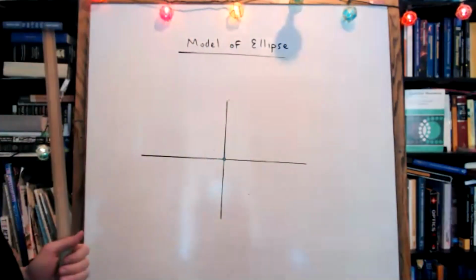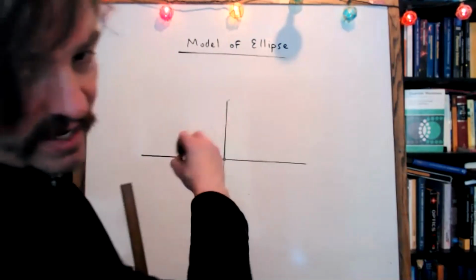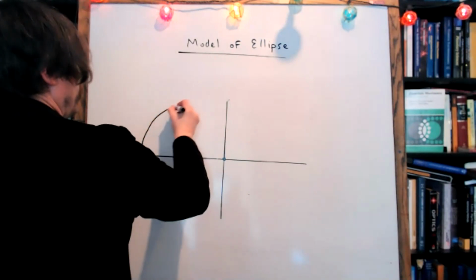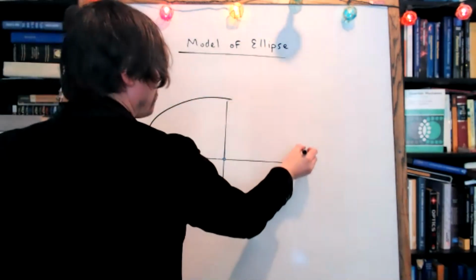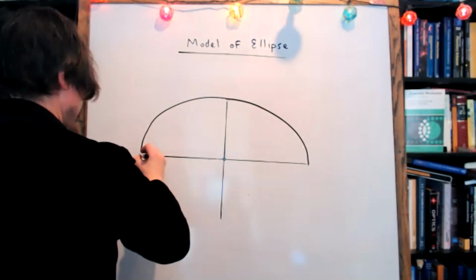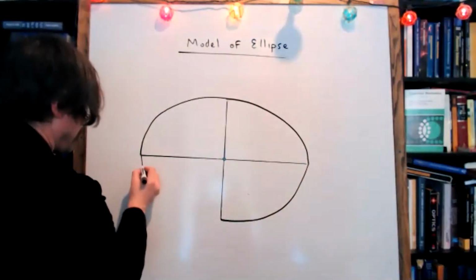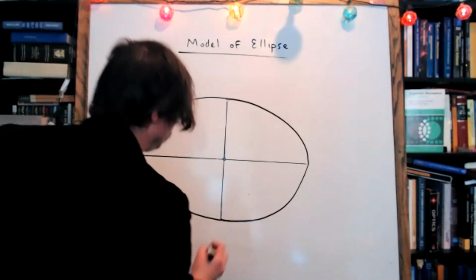So make sure the vertical line is a lot shorter. And then just freehand style, we're going to construct an oval, kind of like a football. This is not a proper ellipse, but it's a close approximation.